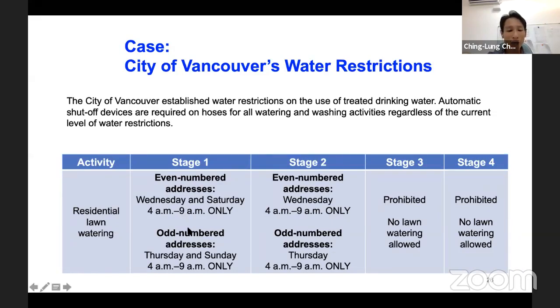For the odd numbers like 1, 3, 5, 7, 9, they can use the water from 4 to 9 on Thursday and Sunday.